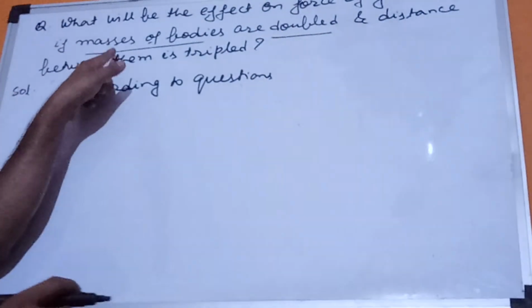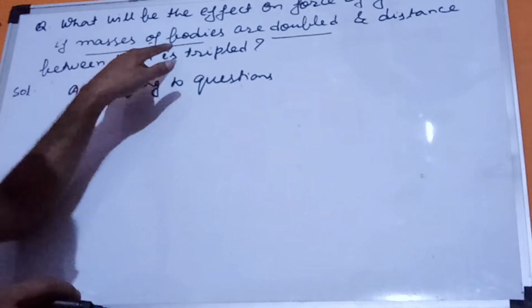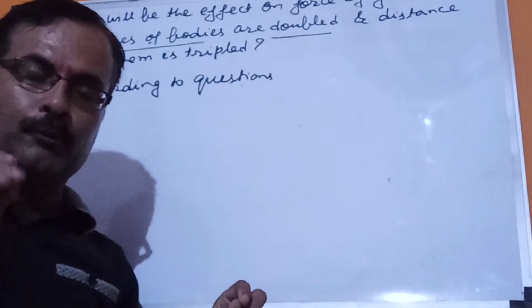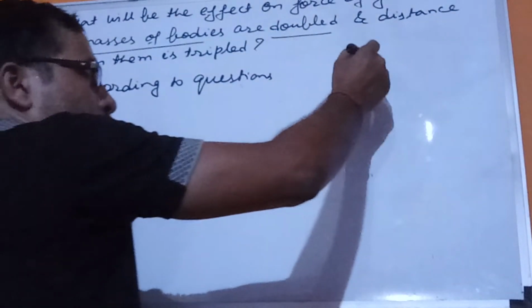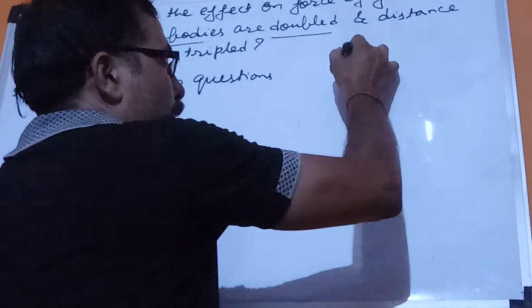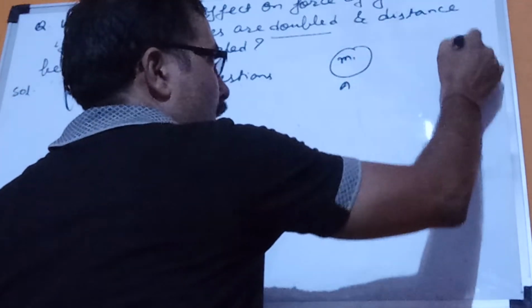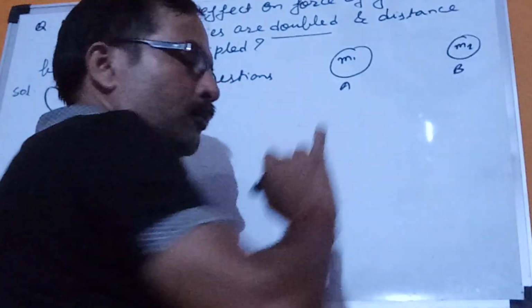If masses of bodies is written, it means you have to change the mass of both bodies. Whatever we have created, body A having mass m1 and body B having mass m2, you have to change the mass of both bodies.